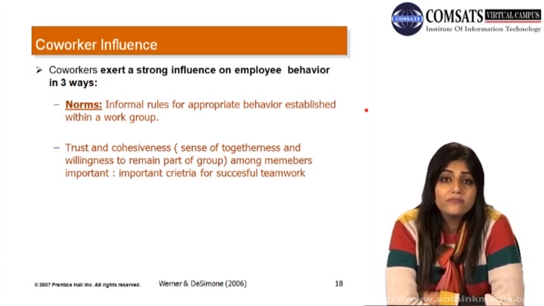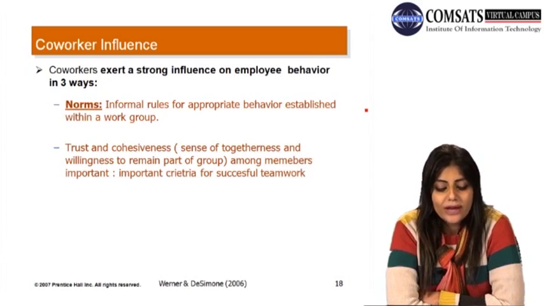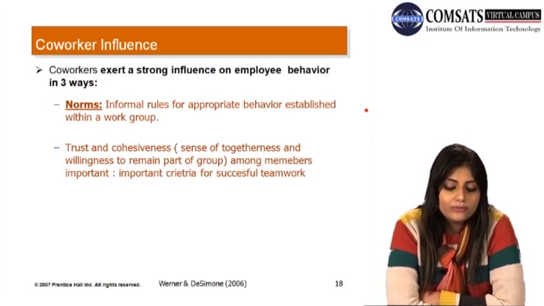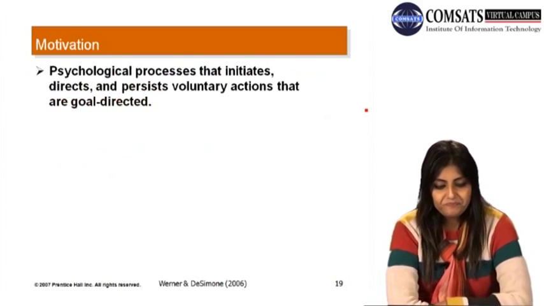Then there is the trust and cohesiveness in the group, that is, a sense of togetherness and willingness to remain part of the group. That is an important criterion of teamwork, so that also influences the employee's behavior.